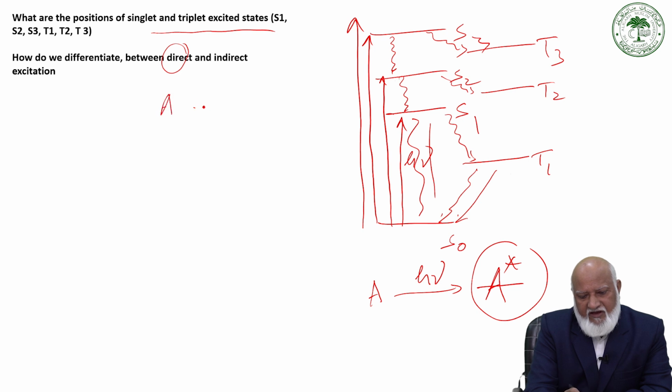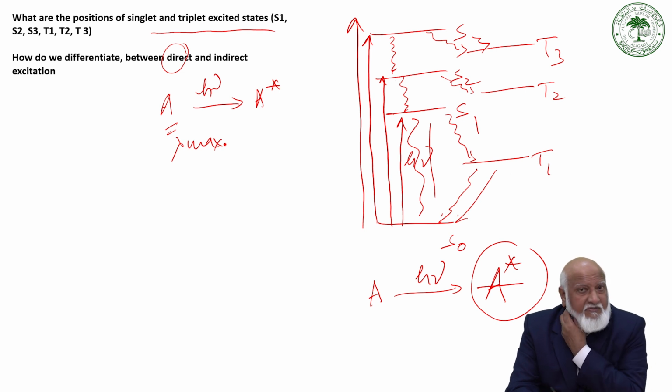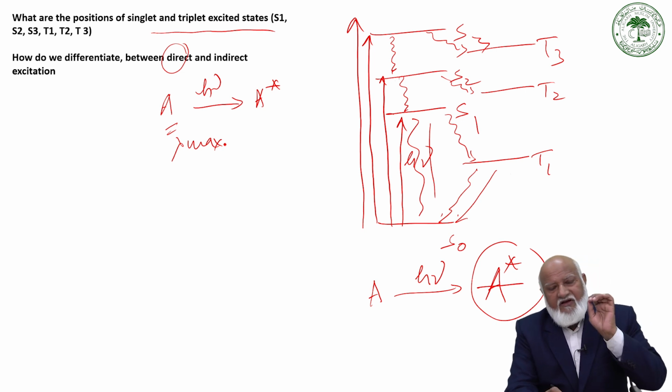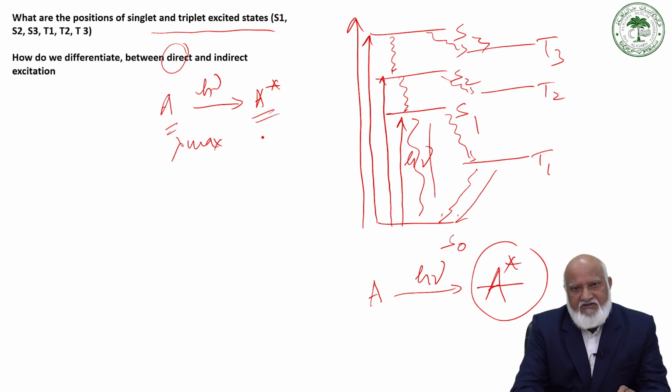For example, A directly absorbs light and goes to an excited state. For this, it is important to know the lambda maximum of the molecule, so that we give the proper light for excitation, which the molecule absorbs to go to the excited state. So this is the direct excitation.